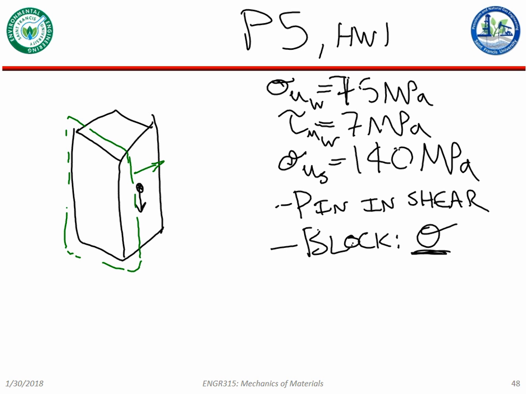through the block, where is going to be the location of the minimal cross-sectional area? Say again? Right, again, when it's in line with the pin.